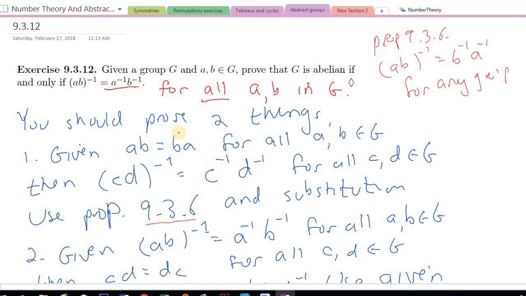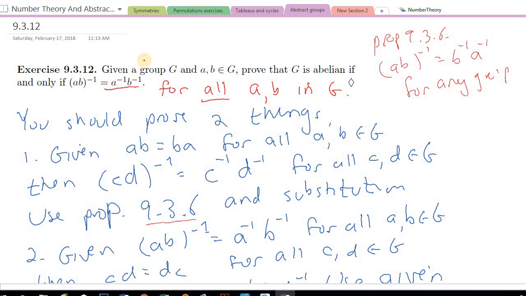Let me say that again. You should start with (cd) inverse. Use this to get what (cd) inverse will be equal to. Then let a equal something, b equal something, and then draw a conclusion that enables you to derive (cd) inverse equals c inverse d inverse.